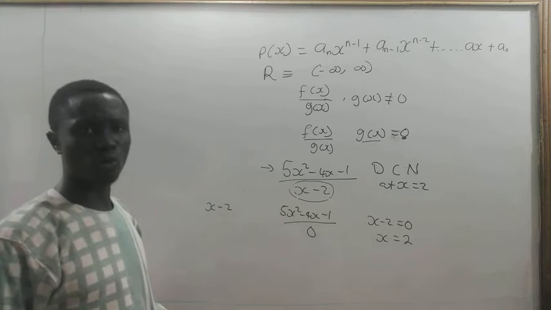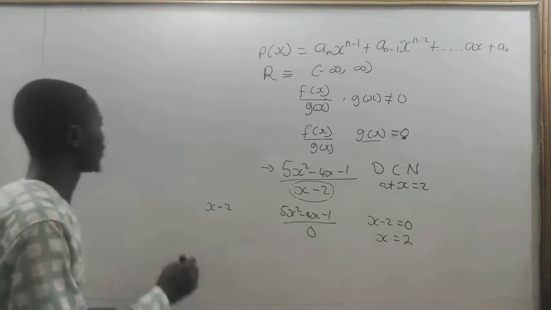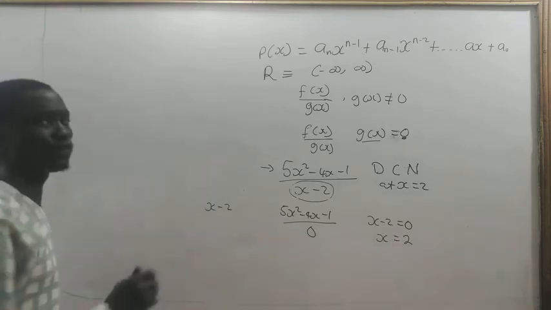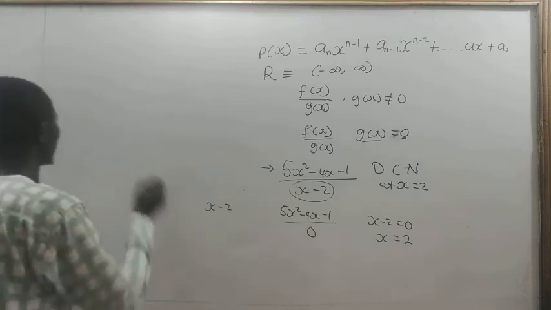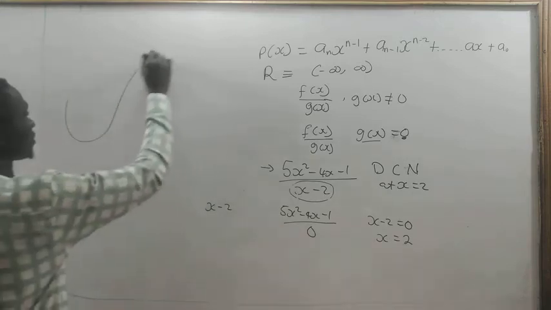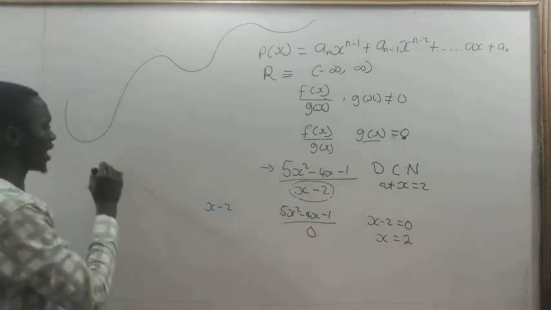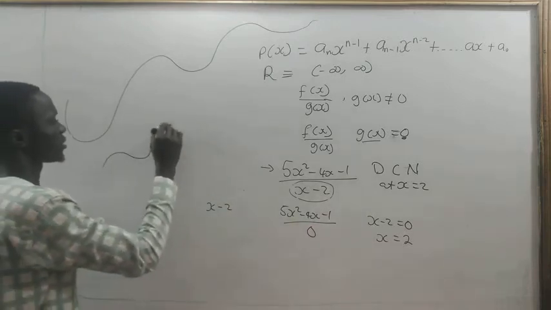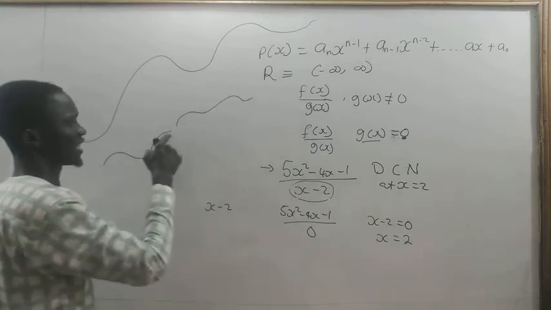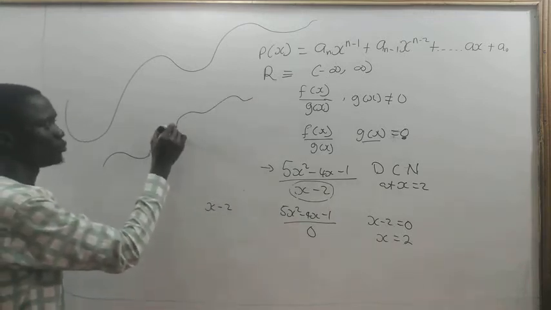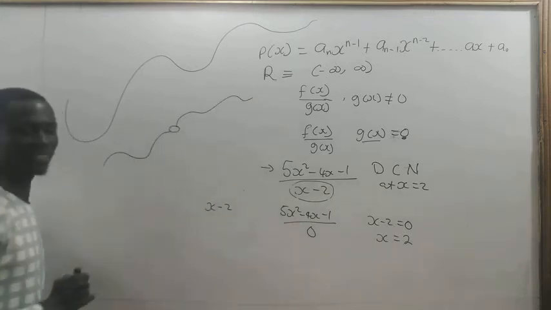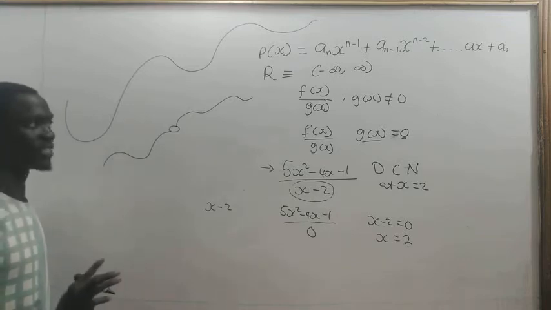Because for a function to be continuous, when you are drawing the graph of the function, you will not remove your pencil or your pen. Look at this. This is a continuous line. But if I draw this line, this is not a continuous line because I removed my pencil and there's a hole here. Very simple as that.